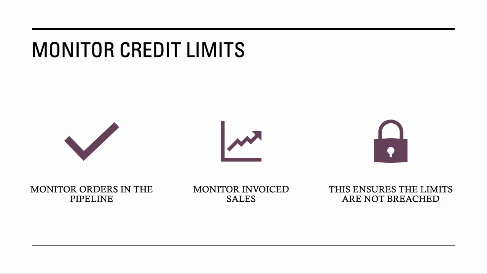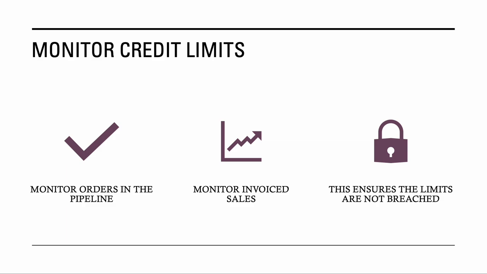The board sets the limit and the management monitors the limit. So as a person, let's say as a CFO of a company, my key role is to monitor how the company is performing against these preset or predefined limits.